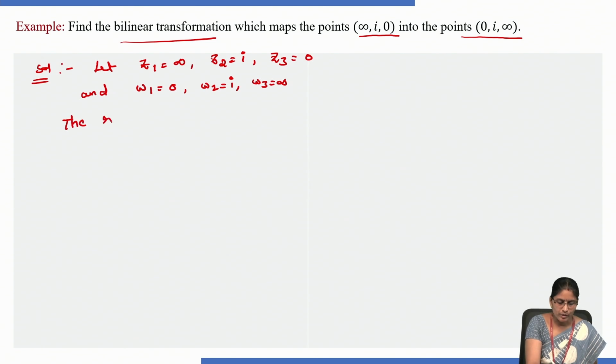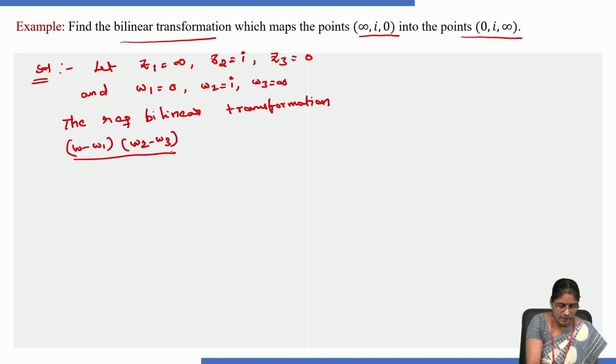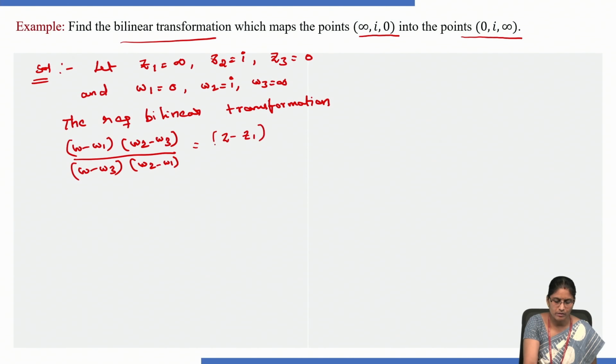Therefore, the required bilinear transformation, we have to write the formula first: (w minus w1)(w2 minus w3) by (w minus w3)(w2 minus w1) equal to (z minus z1)(z2 minus z3) by (z minus z3)(z2 minus z1).